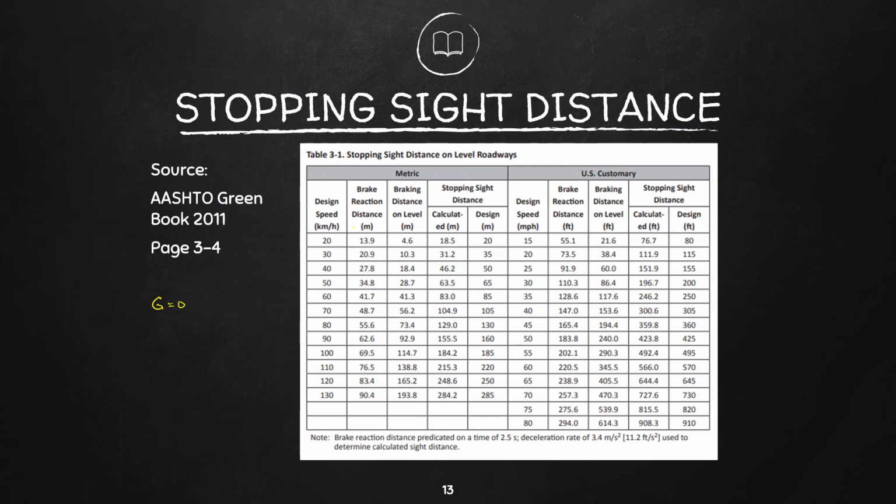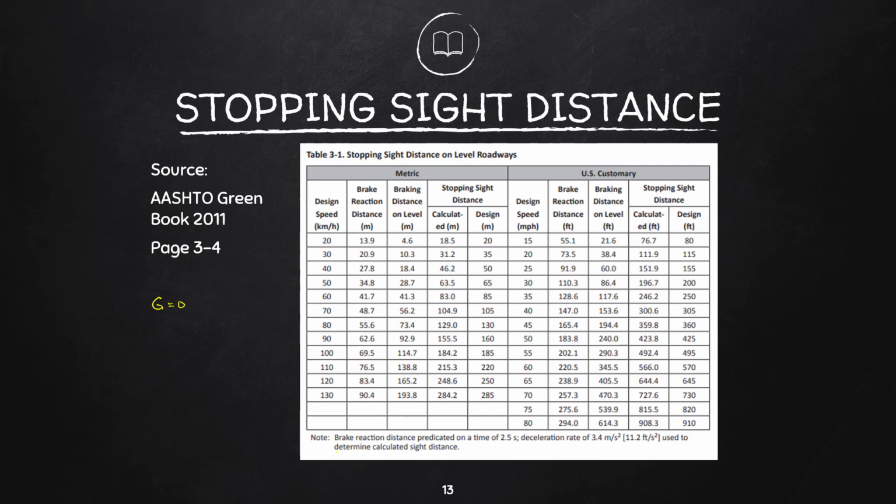Okay, so there you have your brake reaction distance and the braking distance on level. You add that, you will have the stopping sight distance, calculated considering different design speeds.